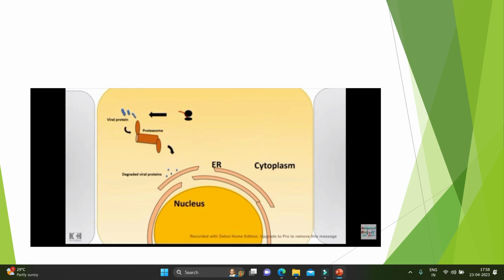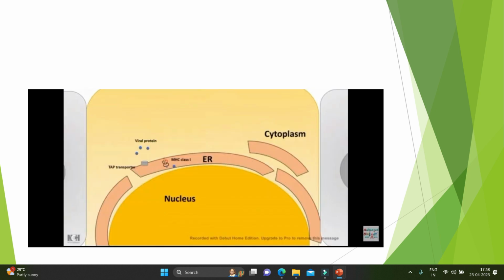As a result of this, the CD8 positive T cells express Fas ligand, which would interact with and activate Fas, and thereby can induce caspases. The end result is the death of the target cell along with the virus which was growing inside.